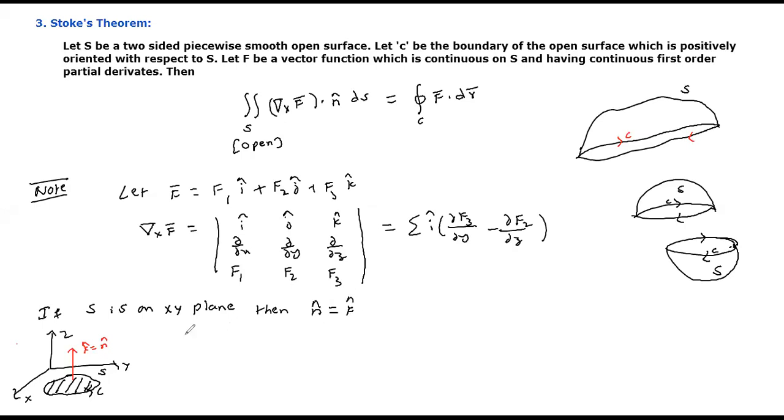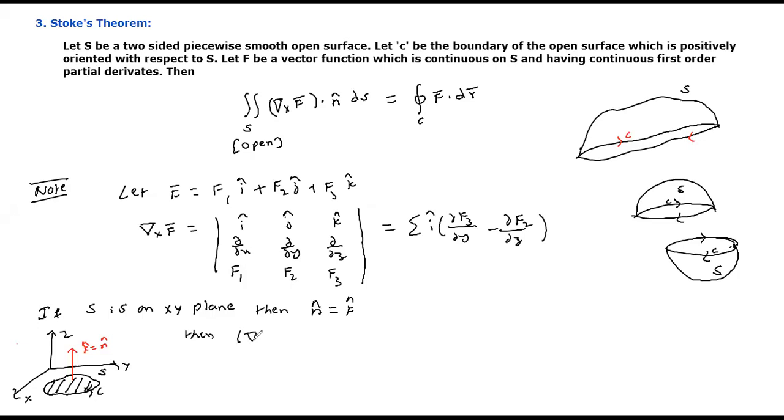Then what is del cross f bar dot n bar? It is del cross f bar dot k bar, which is nothing but the third component of curl f bar, because we are trying to find the surface integral of curl f bar, not f bar.